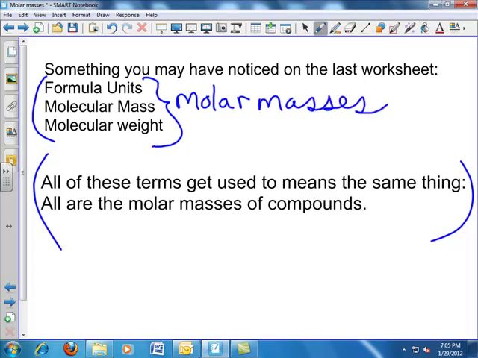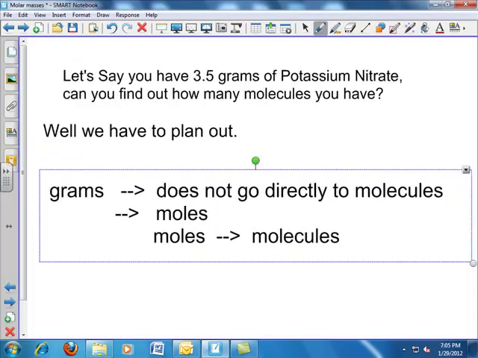So you just got to get used to the fact that these three terms are interchangeable, and for the most part, the term I typically use is molecular mass. Even though something might be a formula unit, I typically drop the formula unit issue because molecular mass is just easier to say than formula unit.